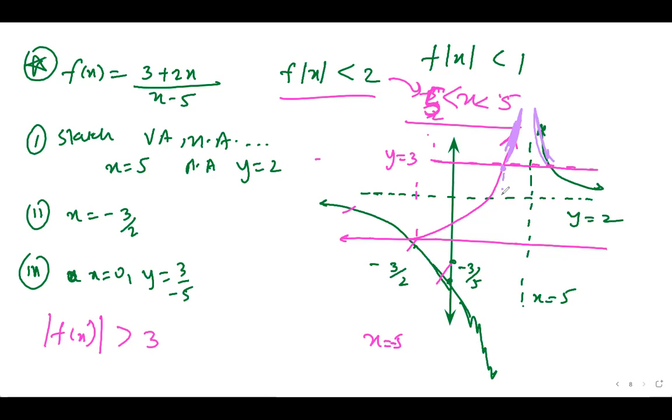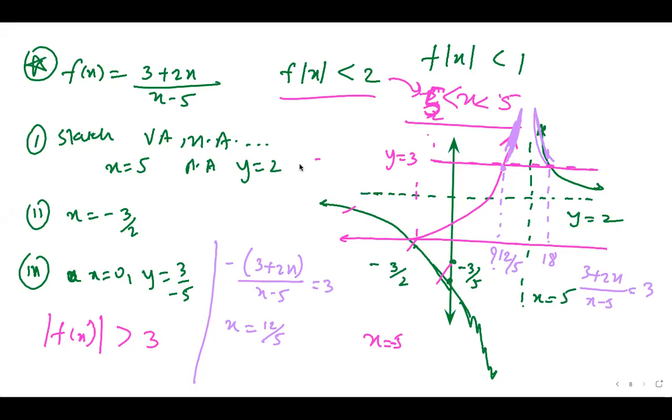For this intersection, you equate the negative of this function, because this part is the reflection in the x-axis. So negative of (3 plus 2x) upon (x minus 5) equals positive 3. You get this particular intersection. And for this intersection, you equate the original curve, which is (3 plus 2x) upon (x minus 5) equals positive 3. So just make sure that you solve this properly.